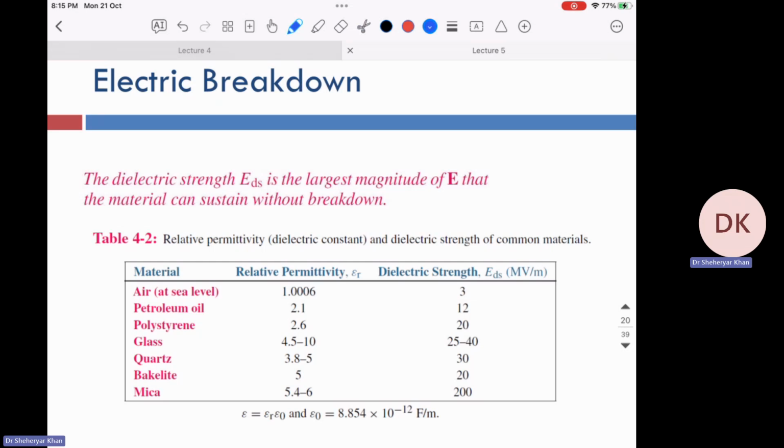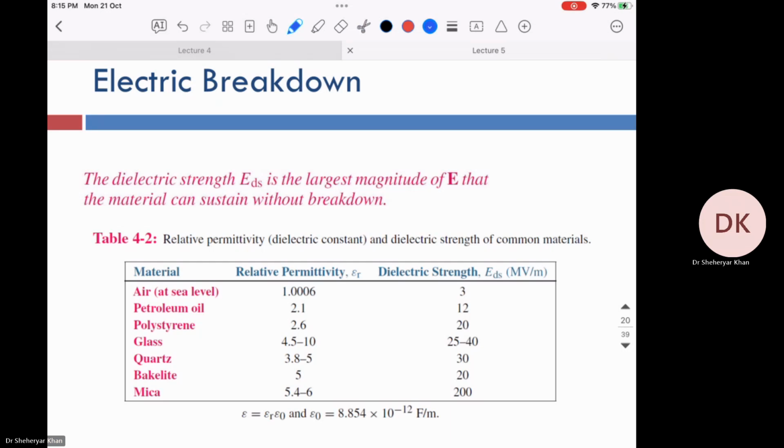So when you are designing something, maybe you should keep a 50% safety limit. Maybe you put 2 meters within 3 megavolts per meter. If the electric field is 3 megavolts per meter, you should at least keep 2 meter distance. So that's the 50% limit.